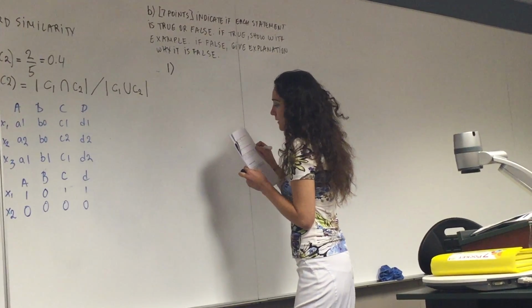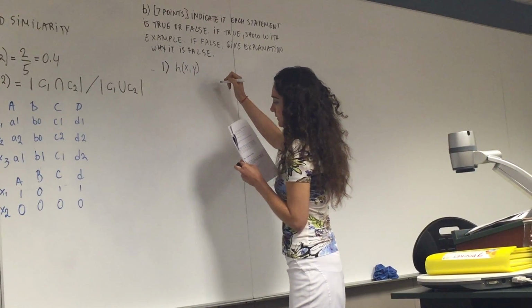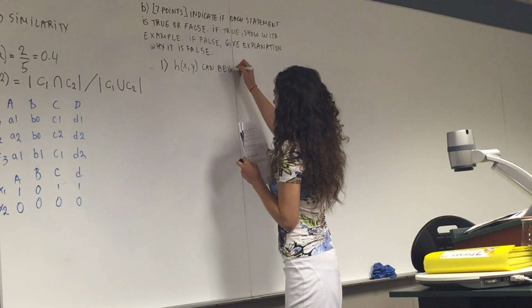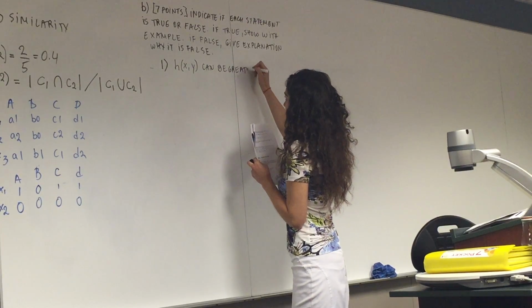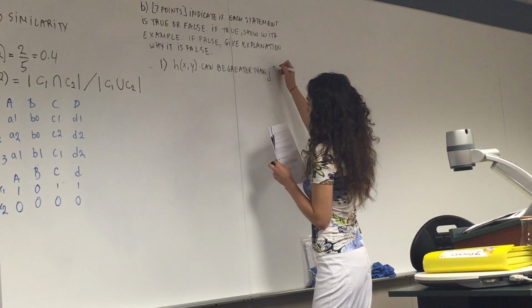Statement: the Hamming similarity of X and Y can be greater than the Jaccard similarity.